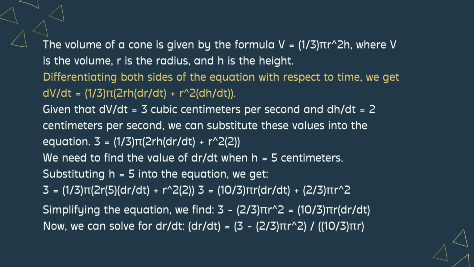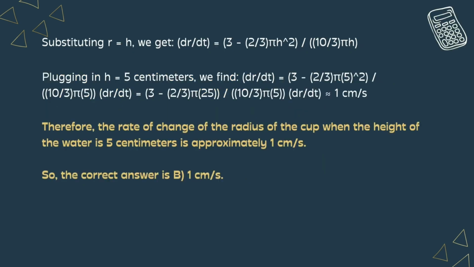Now we can solve for dr over dt. dr over dt is equal to 3 minus 2/3 pi r squared divided by 10/3 pi r. Substituting r is equal to h, we get dr over dt is equal to 3 minus 2/3 pi h squared divided by 10/3 pi h.